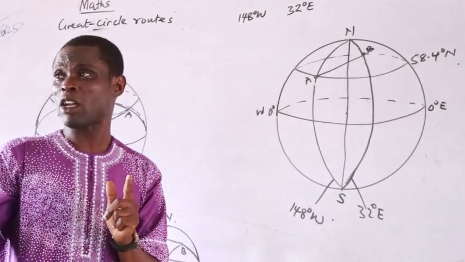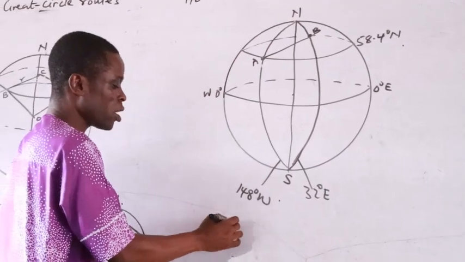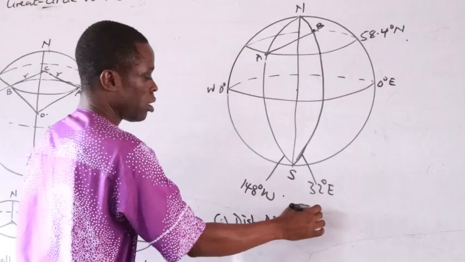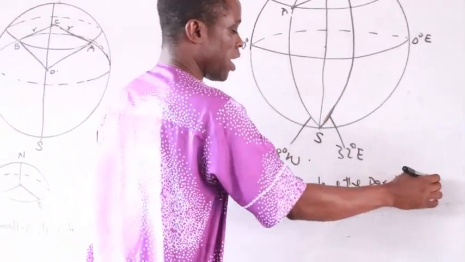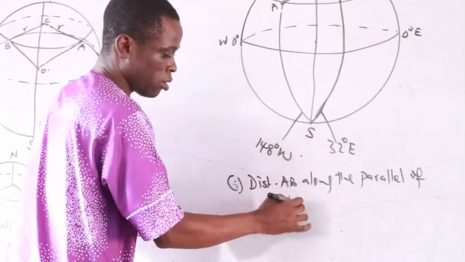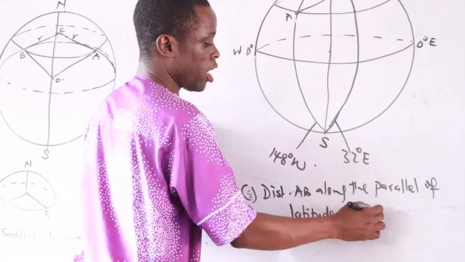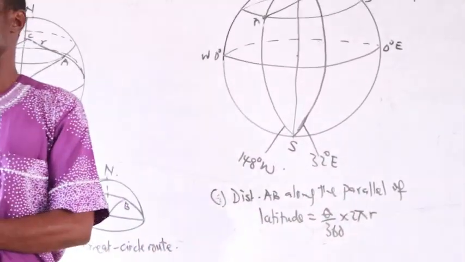parallel of latitude. Is that not the first question? Okay, let's find that. Question A. Distance AB along the parallel of latitude. Length is equal to theta over 360 times 2 pi small r. I believe you all know the reason why it is small r there.